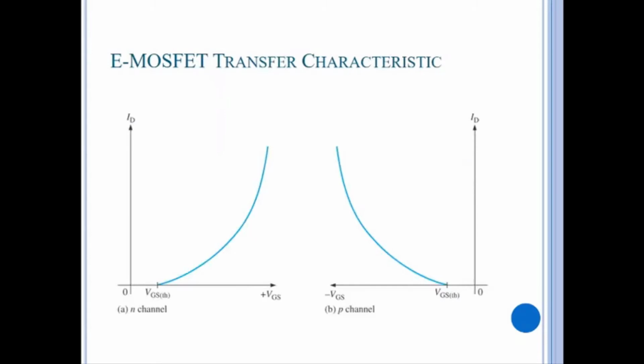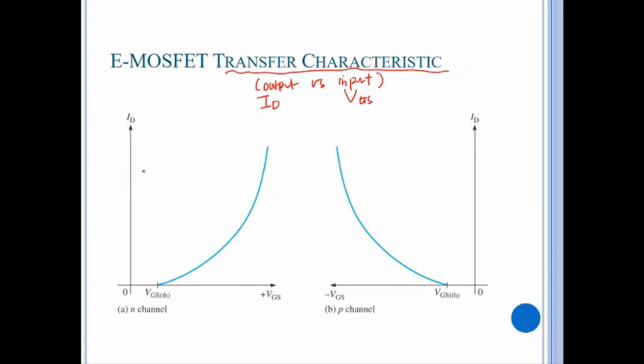Another current-voltage characteristic of the EMOSFET is called the transfer characteristic, which is simply the output versus input characteristic. The output of the transistor is the drain current ID, and the input is the control signal, the gate voltage VGS.